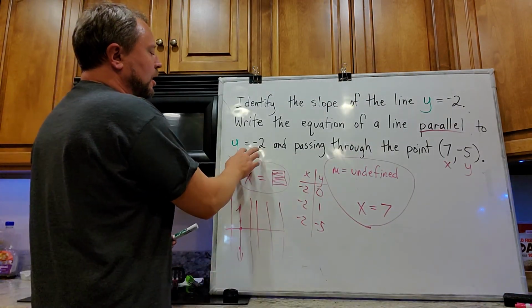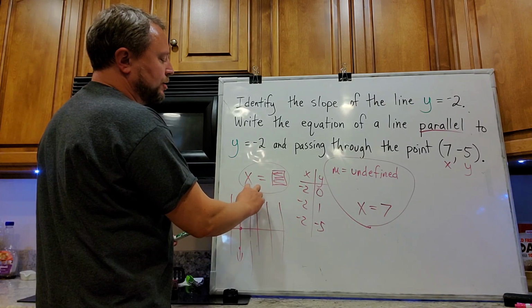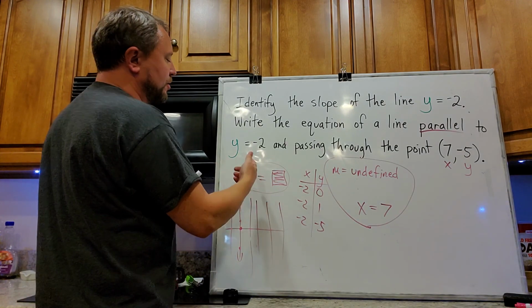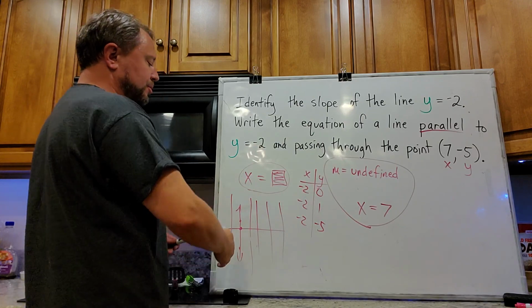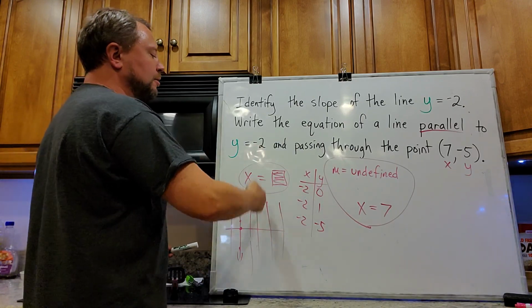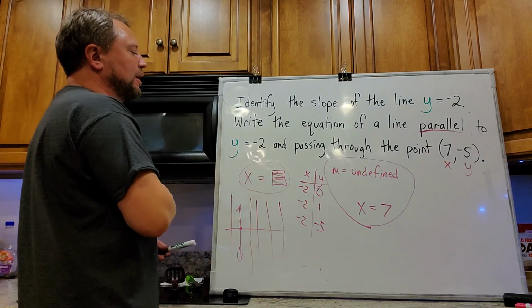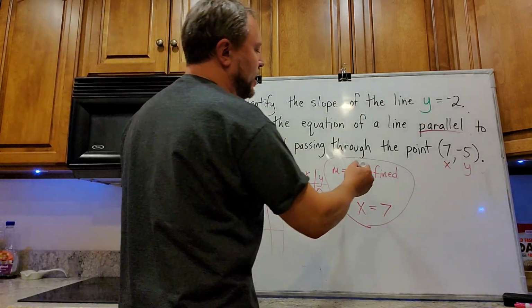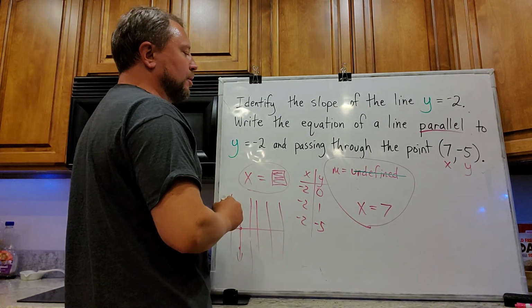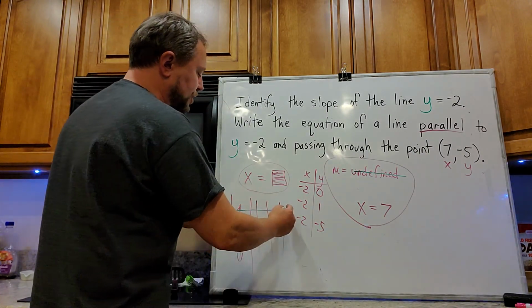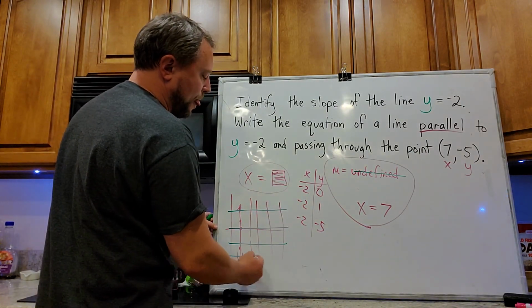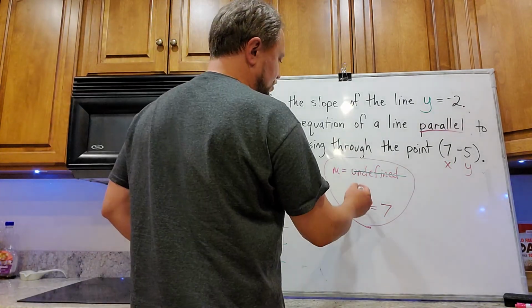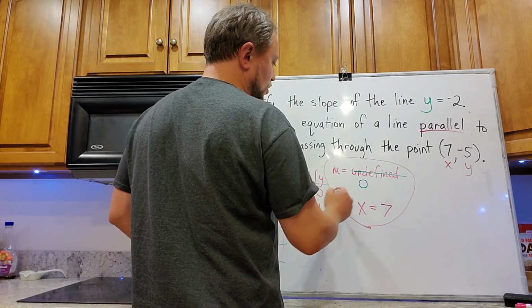Remember that instead of having an equation of the format x equals, now this is a y equals. So instead of being a vertical line, remember that ones that are y equals are going to be horizontal lines. So it's not an undefined slope anymore. If it's going to be horizontal lines that we're making, those all have a slope of 0.